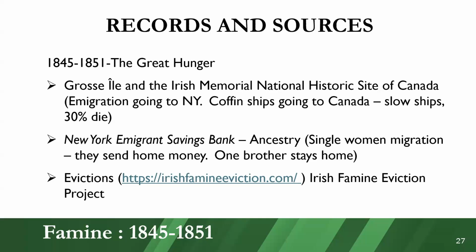A lot of times you will find that at least 30% of the passengers, depending on if it was a month or 2 months, died on the voyage over. And a lot of times they would land in Quebec or Ontario or those particular areas. There's still a lot of Irish in Canada in these areas. But they called them coffin ships, these English ships that came over to Canada first.